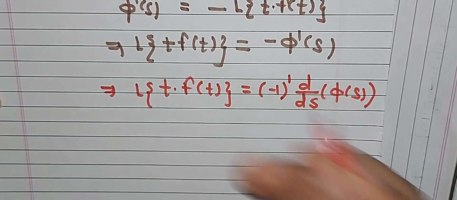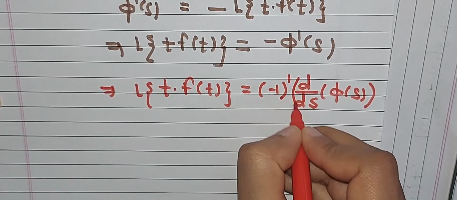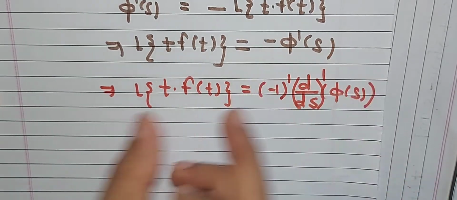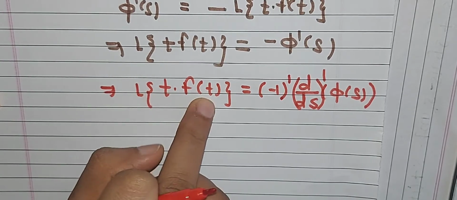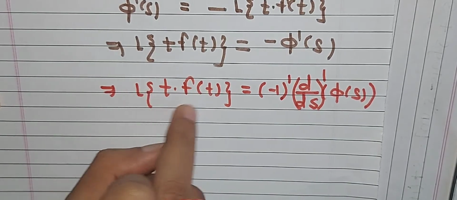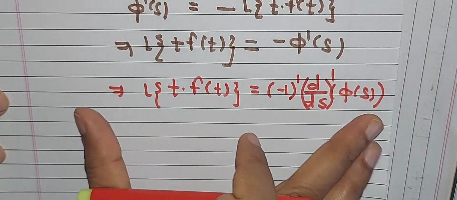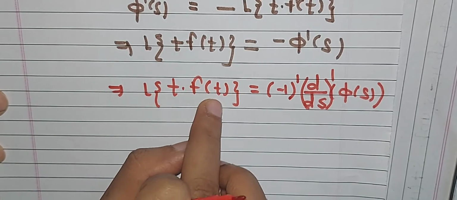So this is my formula, and here we have t raised to 1, therefore we can write this derivative raised to 1. So we have obtained Laplace transformation of t into f of t, that is the effect of multiplication by t. So this is our formula for multiplication of t with respect to any function f of t.